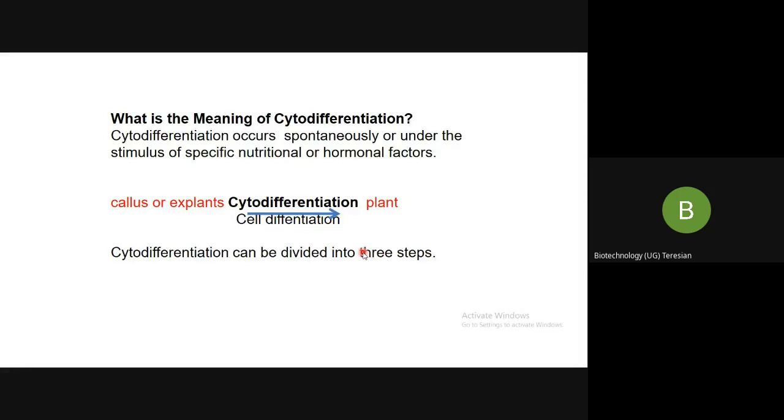This can happen only when they have a viable nucleus and an intact membrane. This is what we studied during differentiation, dedifferentiation, and redifferentiation.